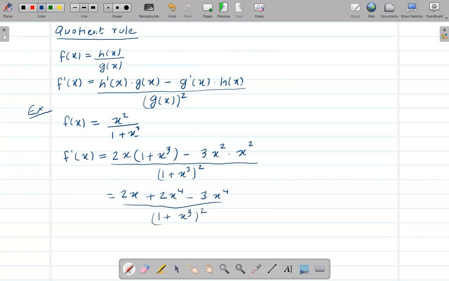It looks like we have two like terms here. So this is equal to 2x plus 2x to the power 4 minus 3x to the power 4, which is simply 2x minus x to the power 4, over 1 plus x to the power 3 squared. Okay, so this is how we can use the quotient rule. Or let's do one more example.